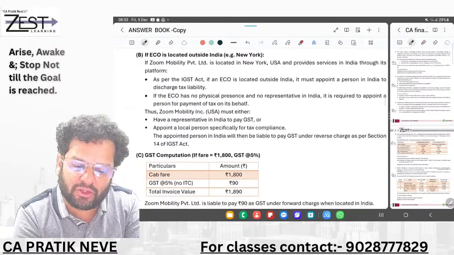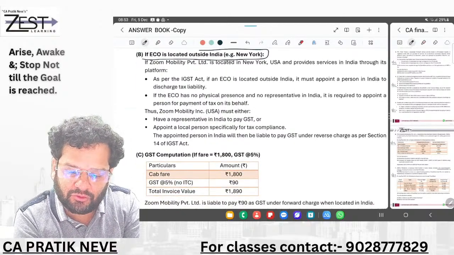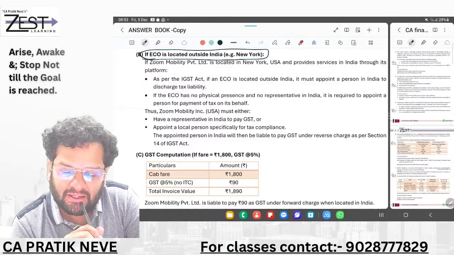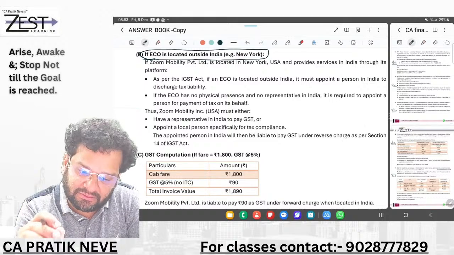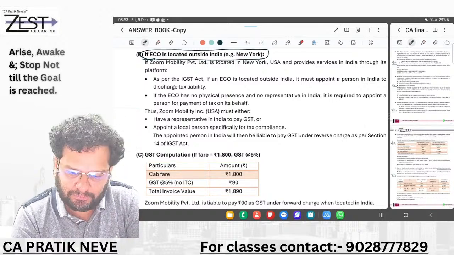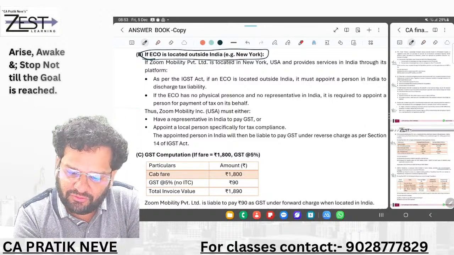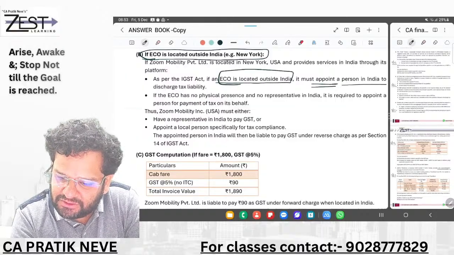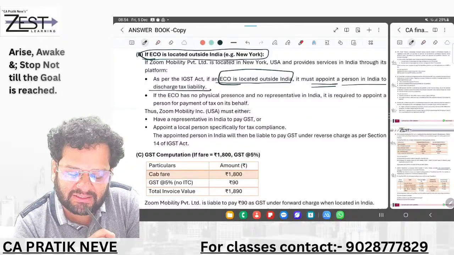If ECO is located outside India, then it will be the liability of the representative in India. So if ECO is located outside India, it must appoint a person in India to discharge tax liability.